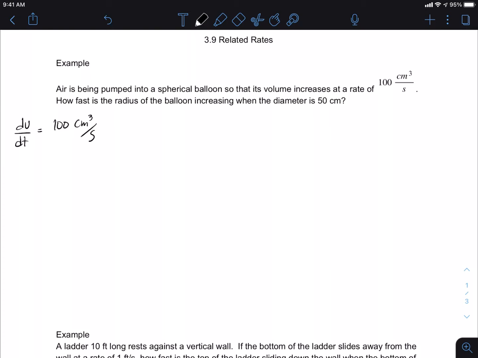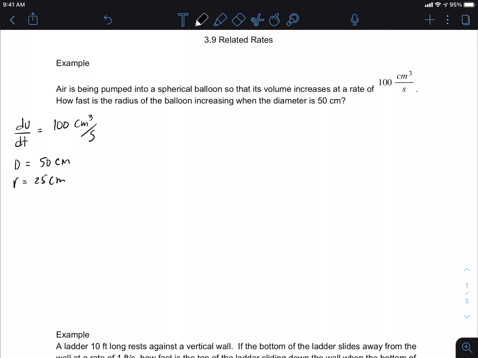Okay, the other thing, it says how fast is the radius of the balloon increasing when the diameter is 50? So we're told the diameter is 50 centimeters, right? And the radius is going to be half of that. But what are we looking for in the problem?